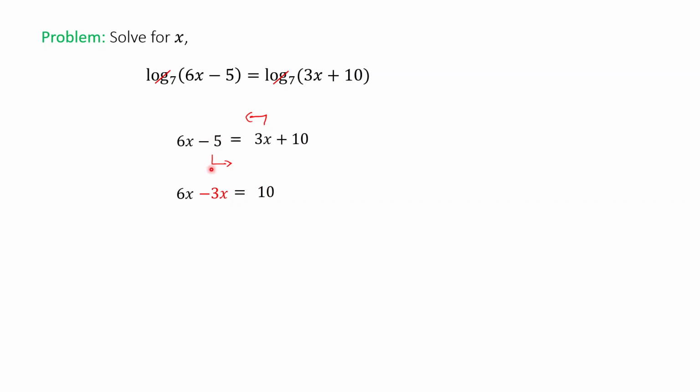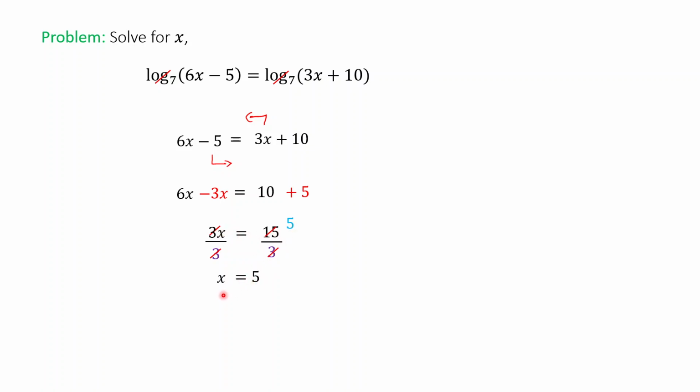If you move this to the right hand side, this becomes positive 5. 6x minus 3x is 3x is equal to 10 plus 5, 15. Now divide by 3, 3 cancel. 15 divided by 3 is 5. So x is 5.